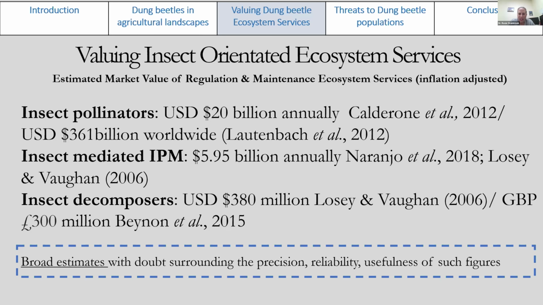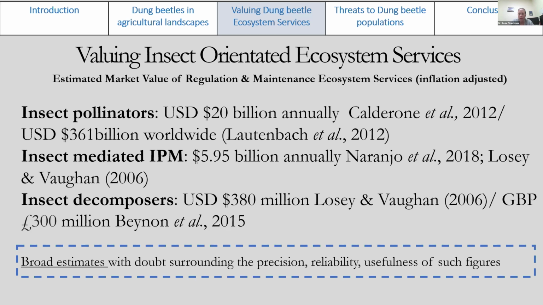So the history of quantifying ecosystem services has mostly focused on insect pollinators and insect-mediated pest management. And we know from past papers that have looked at this, we estimate that insect pollination contributes around $20 billion annually in terms of ecosystem services in the US and around $360 billion worldwide.